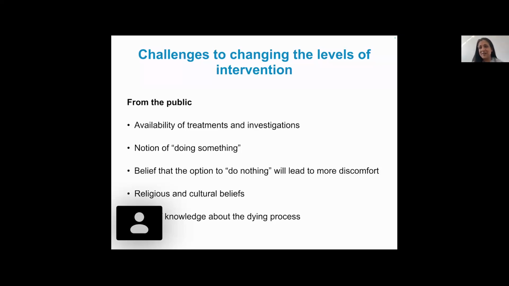It depends on what you're doing, right? There are some religious and cultural beliefs that are obviously to be respected at any time that prevent people from wanting to change their level of intervention. And a general lack of education and understanding about the dying process, how it's initiated, what happens, and where things can happen, do pose a challenge as well.